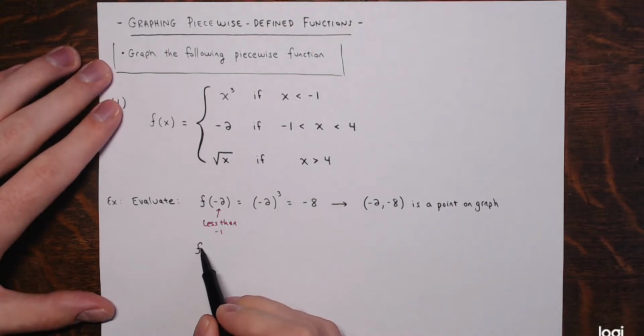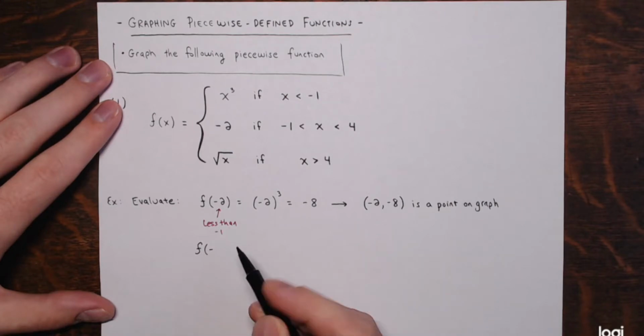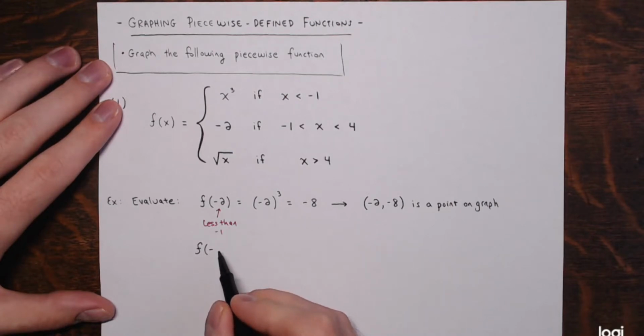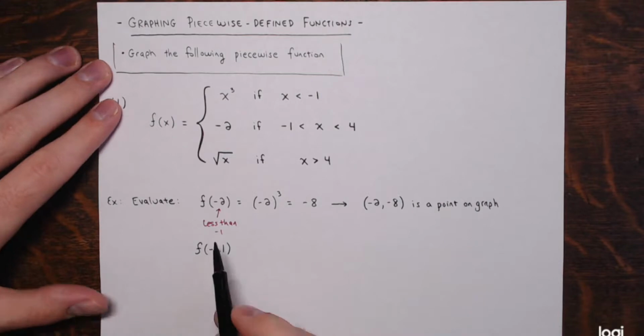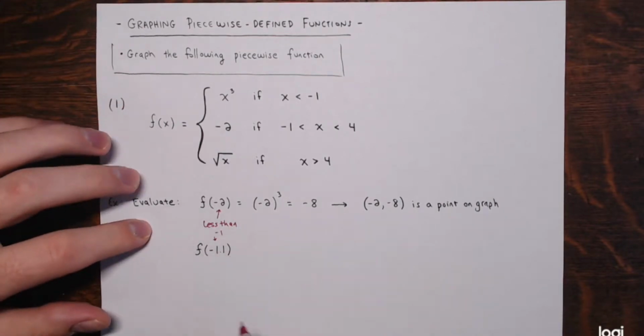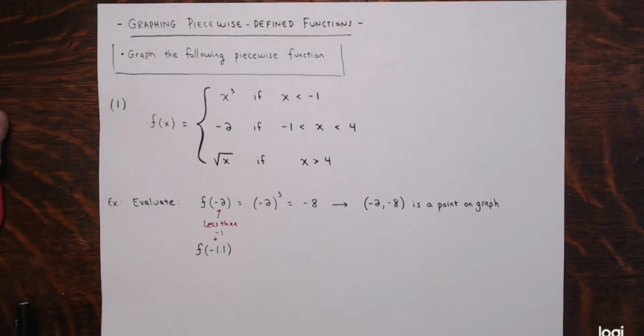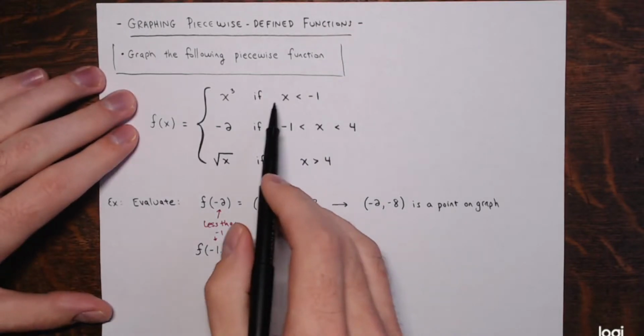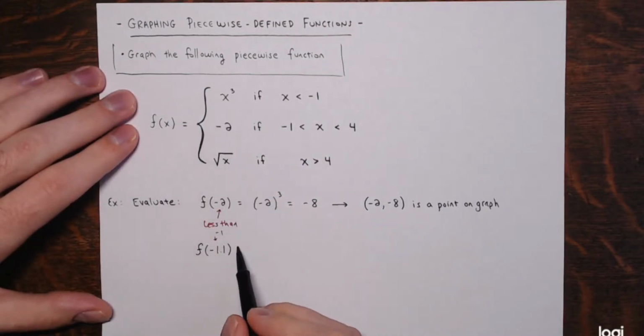What about f of negative 1.1 or something? It doesn't matter, as long as it's less than -1. Again, negative 1.1 is less than negative 1, so you're going to this top rule.